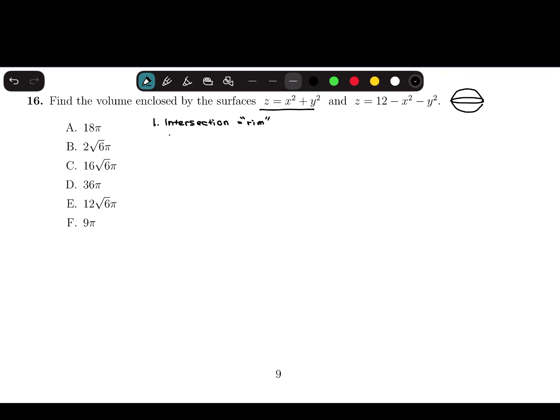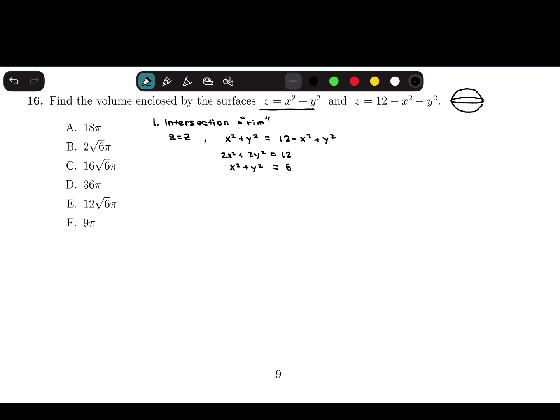In this case, we set the z's equal to each other, which means we get x squared plus y squared is equal to 12 minus x squared minus y squared. If we move everything to one side, you get 2x squared plus 2y squared is equal to 12. Divide everything by 2, you get x squared plus y squared is equal to 6.